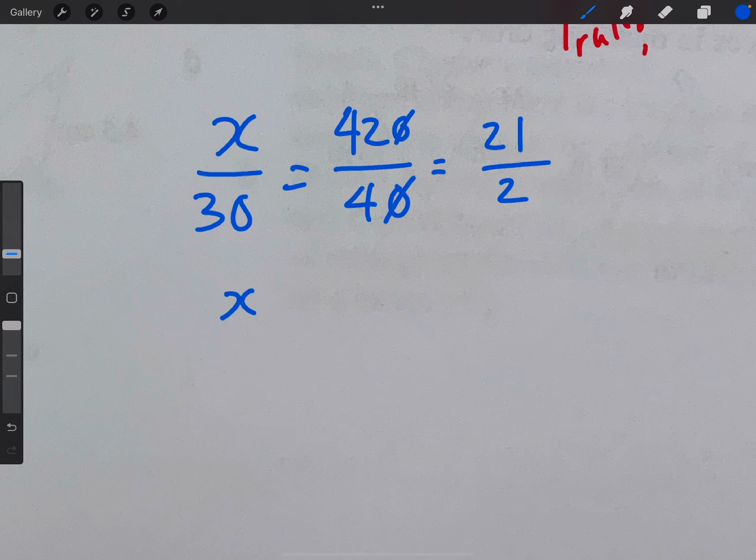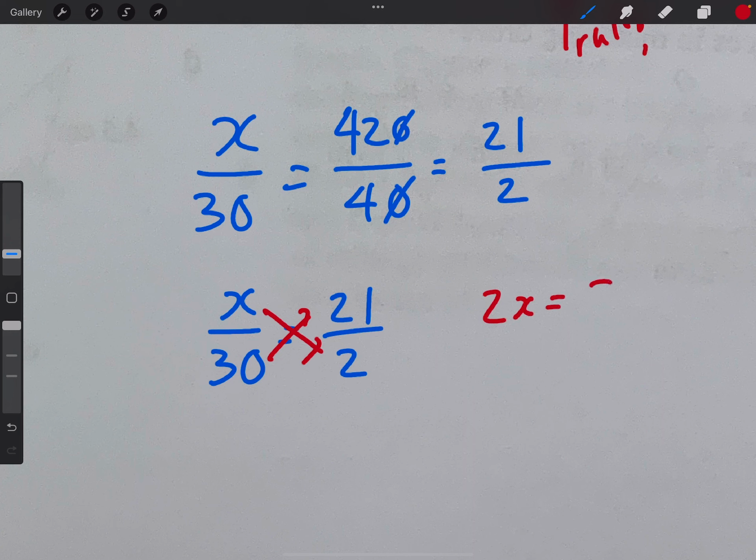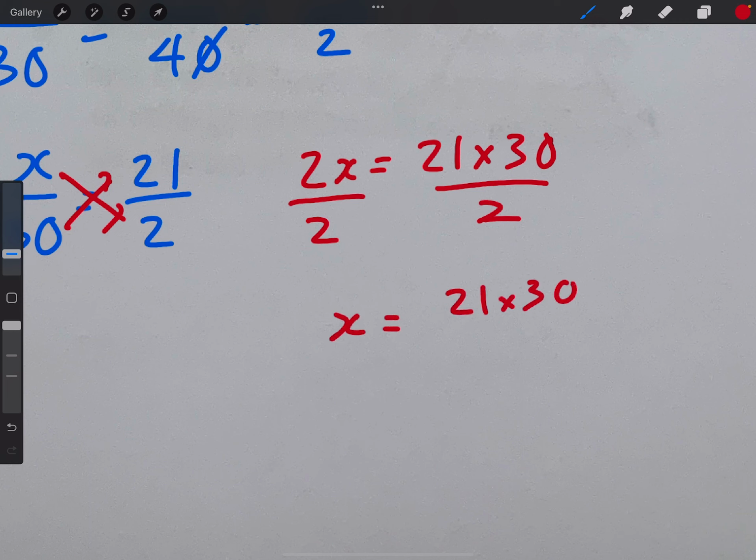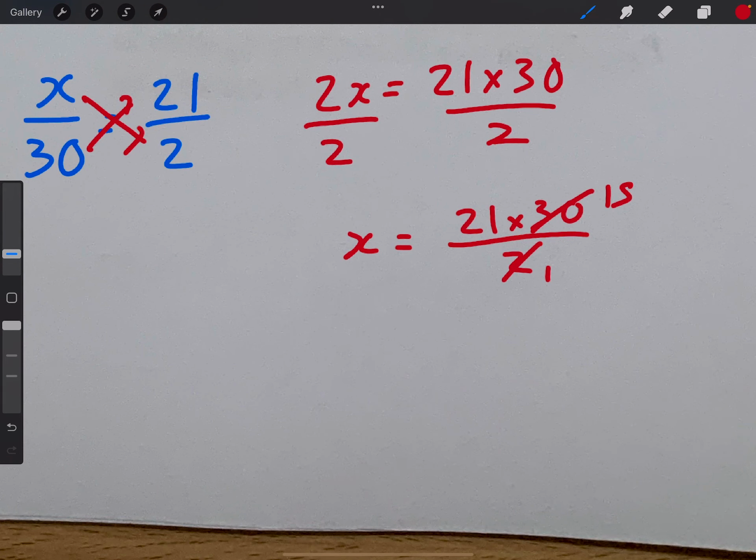So I have x over 30 is equal to 21 over 2. Now I just do a quick cross multiply, and I get 2x is equal to 21 times 30. So we divide both sides by 2 to get x. So x is equal to 21 times 30 divided by 2. Let's cross this out and cross this out. This will be 1, this will be 15. So really, x is equal to 21 times 15.